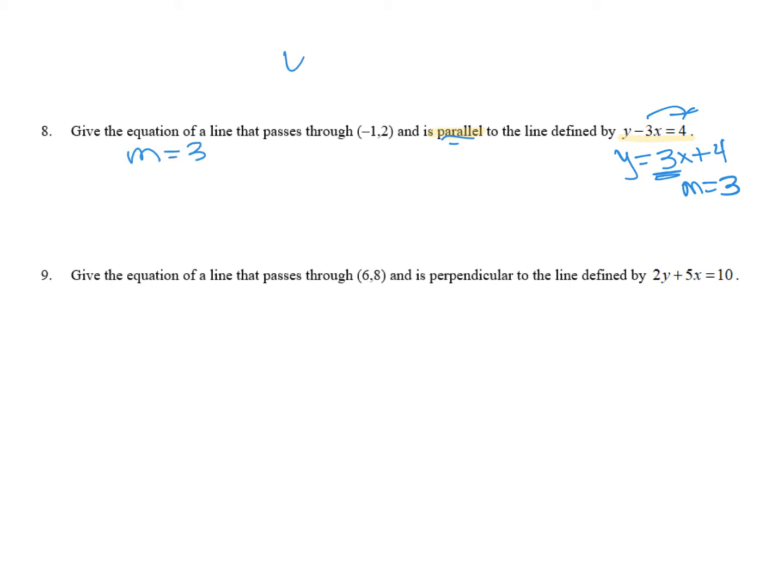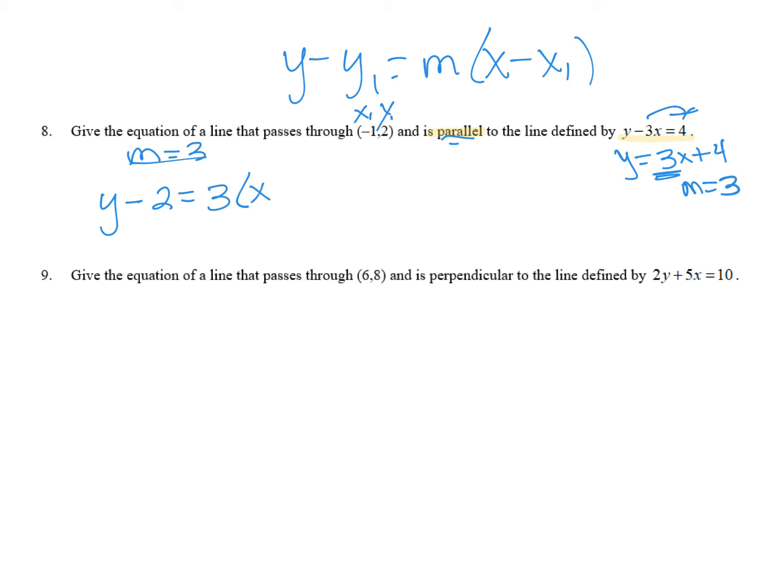Then I'm going to use my point-slope form and write this equation, because here's my x1, y1 and here's my slope. So y minus 2 equals 3 times x minus -1. That's the point-slope form of the line.